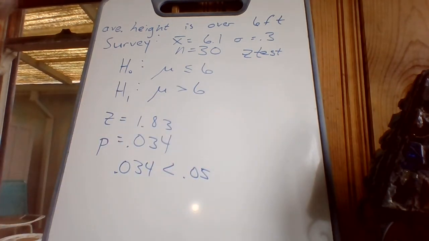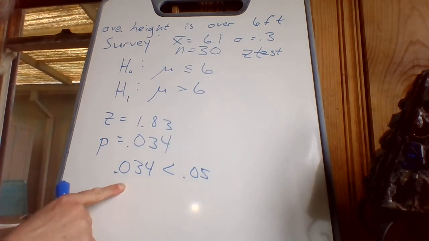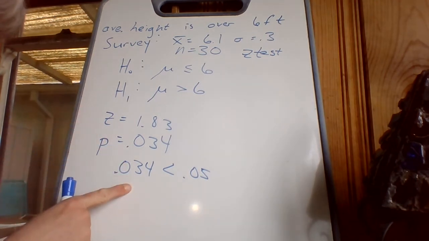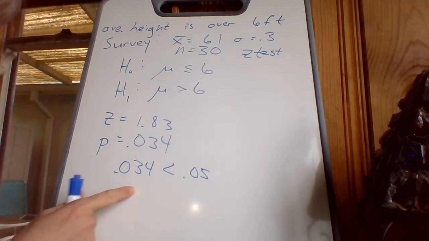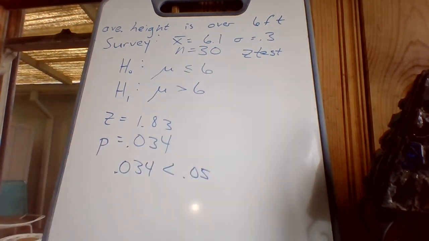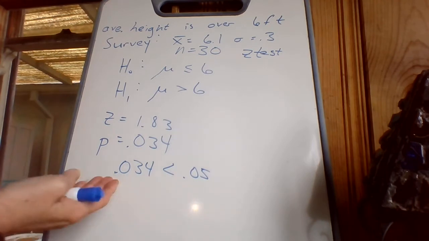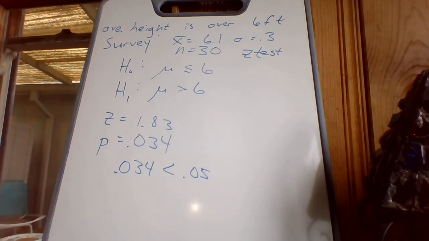Okay, and this 0.05 is always going to be 0.05. It's the industry standard. It's like saying the 95% on the confidence. It's the opposite of that. It's a 0.05 significance level. And pretty much everyone always uses 0.05 to compare things to. This is the chance that the person who said H0 was right. They have like a 3.4% chance of being right. And if they had even a 5% chance of being right, I'd let it slide. But 3.4%, nope, they're wrong.